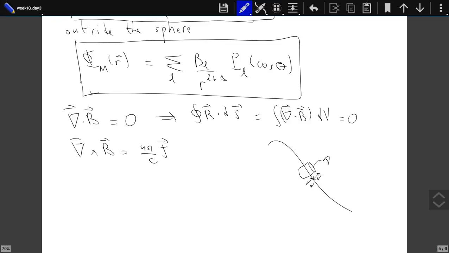We said that it was proportional to the surface charge density. Our argument will be exactly the same, but there is no surface magnetic charge density. So the perpendicular component of this B field should be continuous across my surface. B perpendicular inside should be equal to B perpendicular outside. So this is one condition I have.